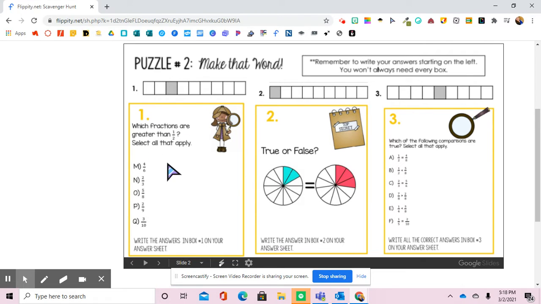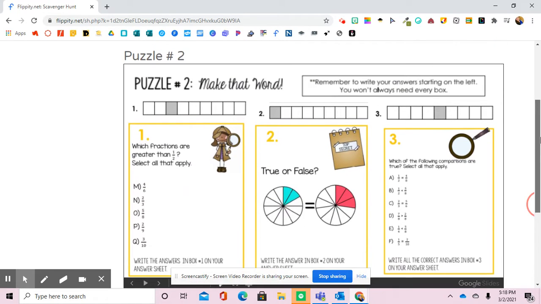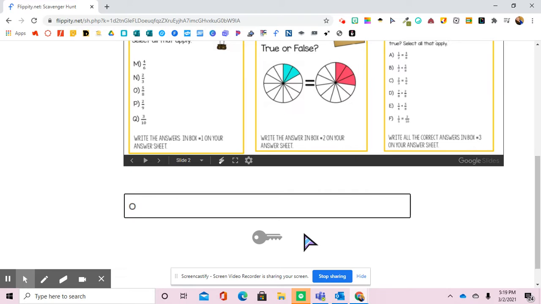So for this one, the ones that are greater than 1/2 are 4/6, 2/3, and 5/8. So MNO. So the O would be the letter that goes down here. And then are those equal? False. They're not. So FALCE. So F would be the next letter.